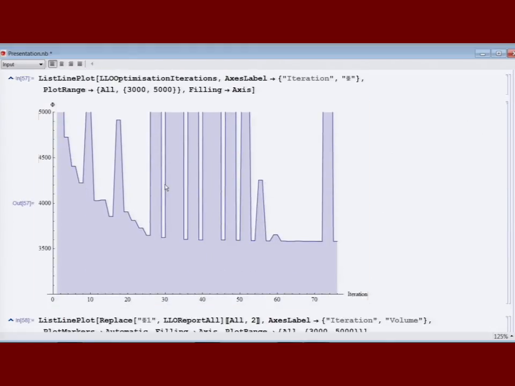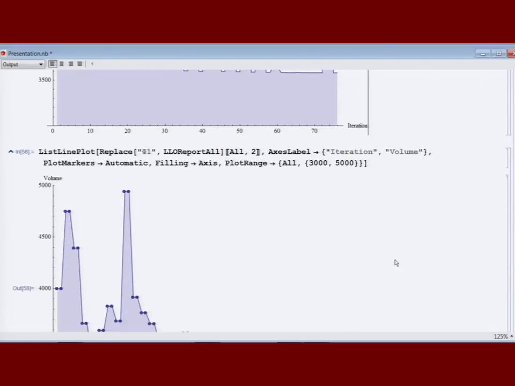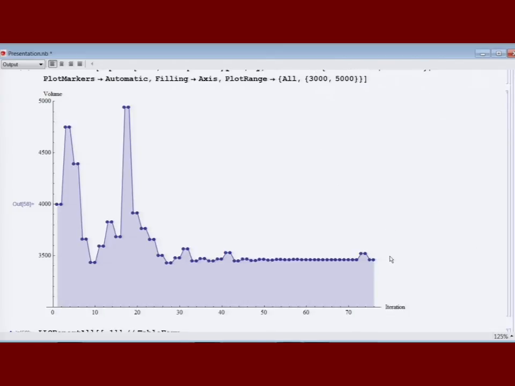And this is the objective function, which is combined with the volume, combined with some constraints where the interpoint constraints were put. If you look at the volume of the structure, here are the iterations and the volume of the structure, we can see that it's going up and down quite substantially from 3,000 to 5,000, and eventually it gets to some optimal value.